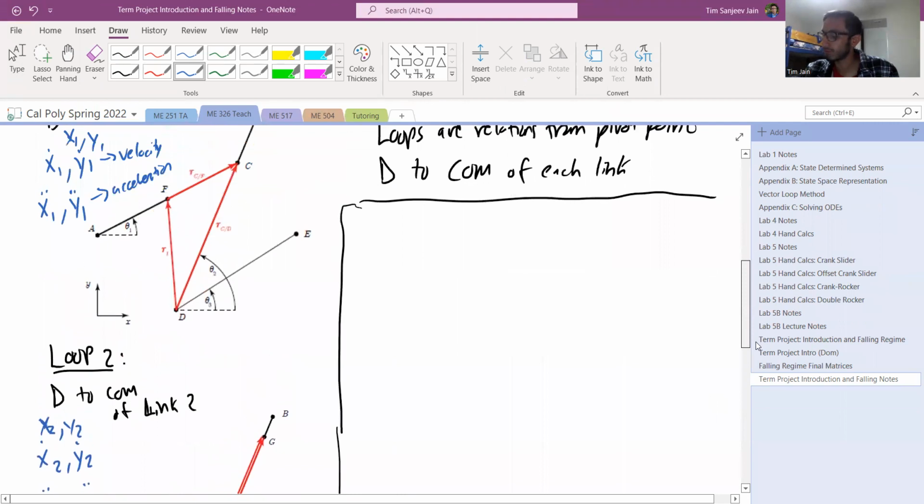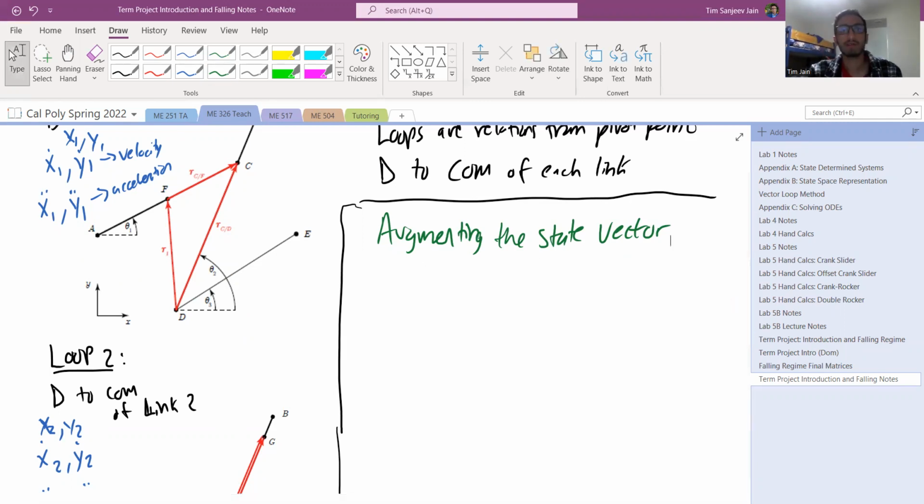So what we're going to do is called augmenting the state vector, which means we're adding those terms. We're adding the state vector to our vector with our position. This is called chi.